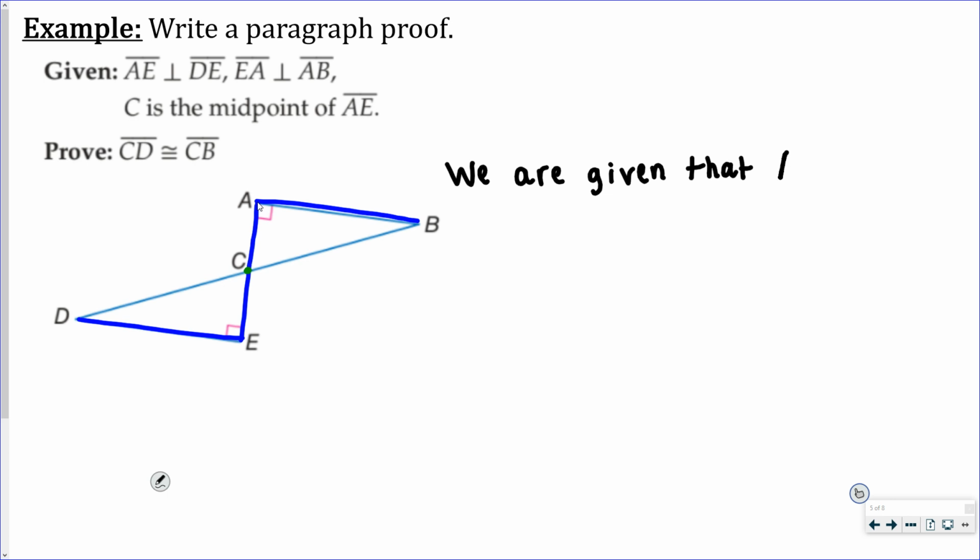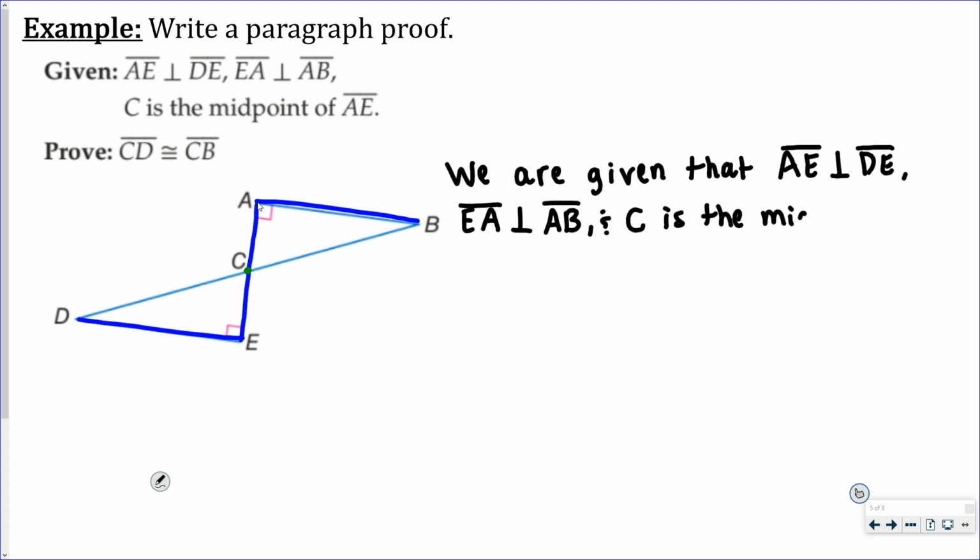You can use shorthand, math symbols. That's what we're given.